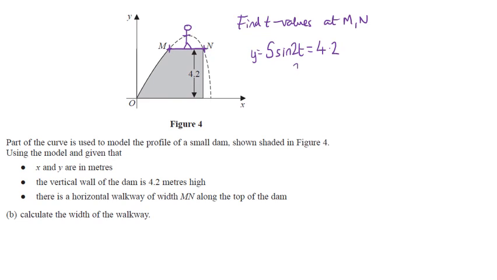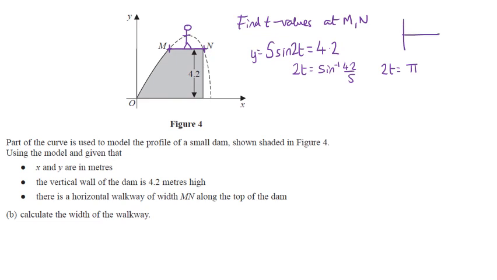we get 2t is equal to inverse sine of 4.2 over 5, or, because we know when we do sine we always get two solutions, we get a secondary solution, which is pi minus it.